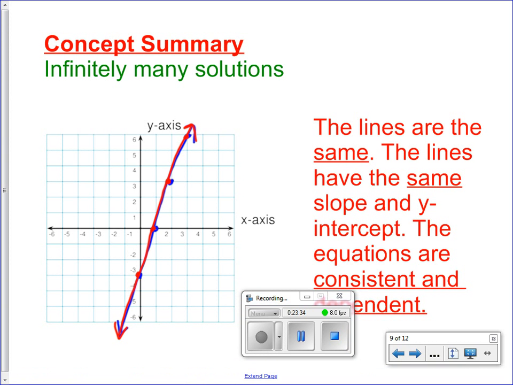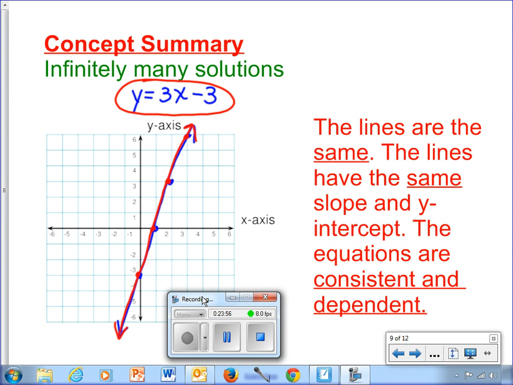As you recall, we had y equals 3x minus 3, and both equations turned out to be the same when we solved 3y equals 9x minus 9 for y. The equations are considered consistent and dependent because there is an infinite number of solutions. It is exactly the same line.